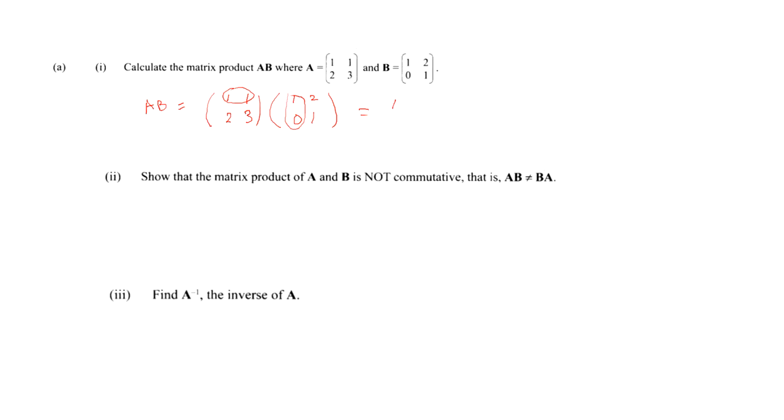Then we need to take this row and multiply by this column, and that will give me 1 times 2 is 2, and 1 times 1 is 1, so it'll be 2 plus 1, which is 3.